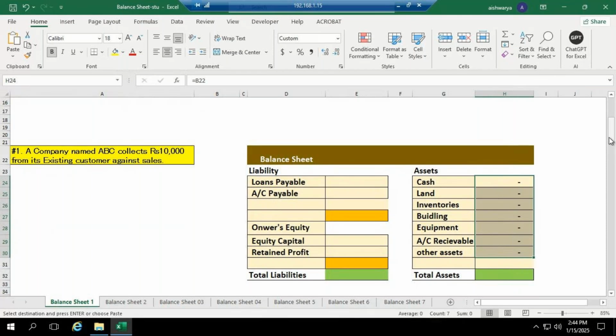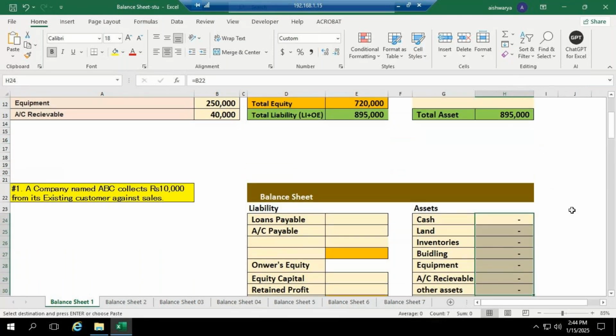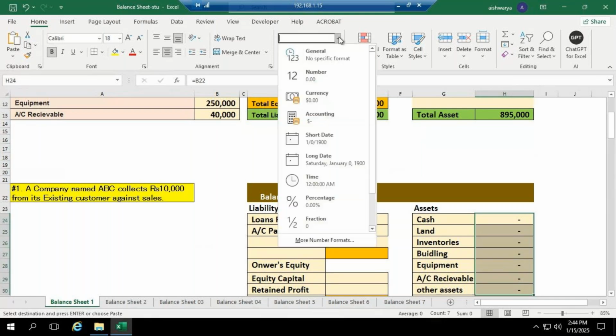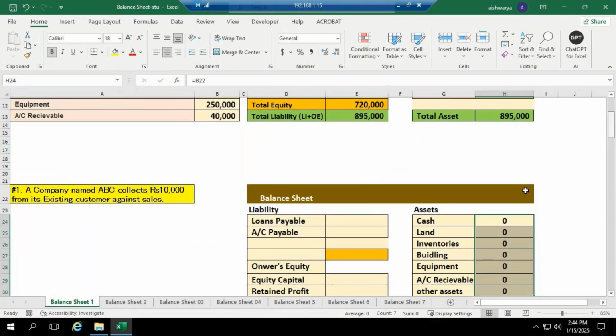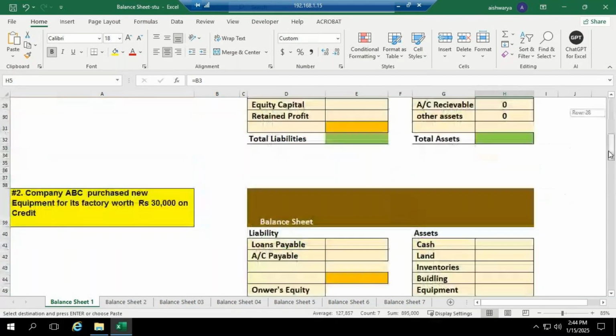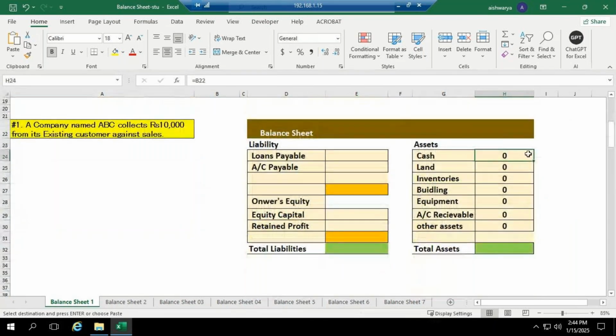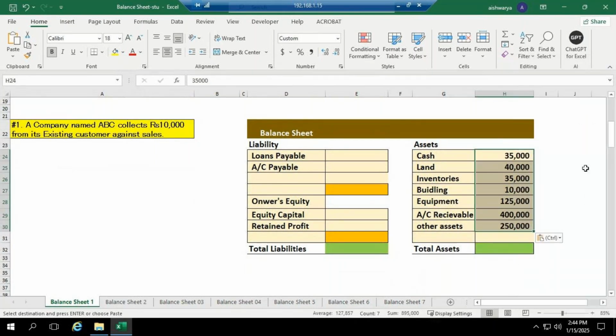Wait. 35,000, 40,000. So now paste as the second one. That means the value we have to select.